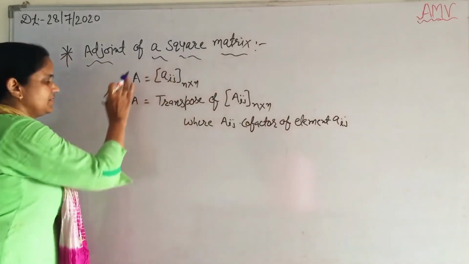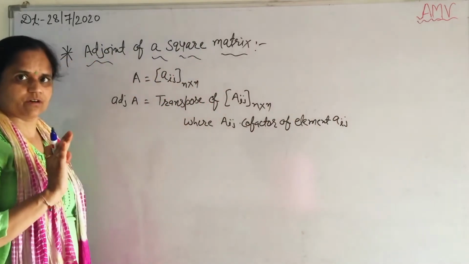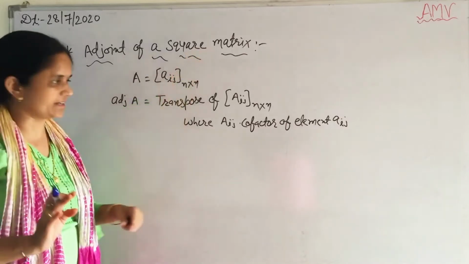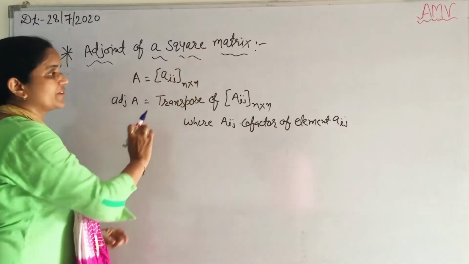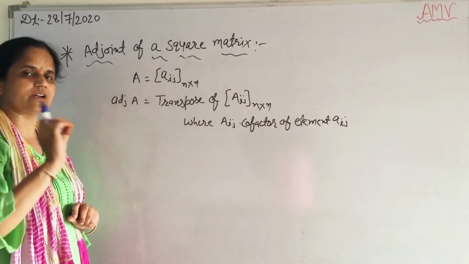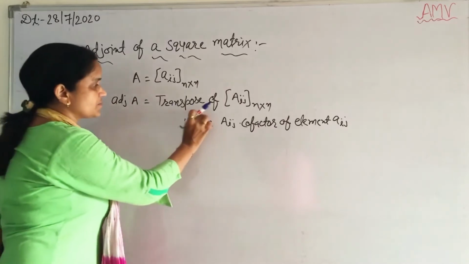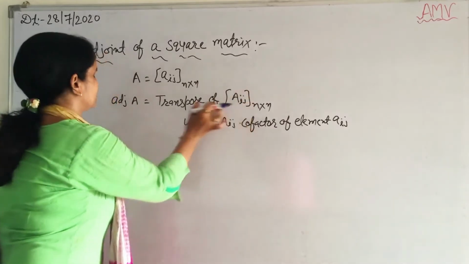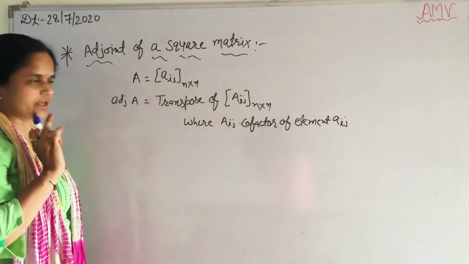Students, it means if we have to find the adjoint of a given square matrix, then first we have to find the cofactors of all elements, and then the transpose of this matrix will be the adjoint of A.